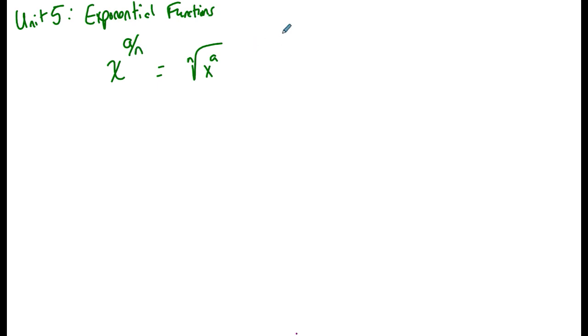So this is power over root, where the numerator stays as the exponent, stays as the power. The denominator is telling you what type of root, what type of radical, the index of your radical that it becomes. So if I have x to the 4/7, I know I have that over 7, so I'm taking the 7th root of x to the 4th.